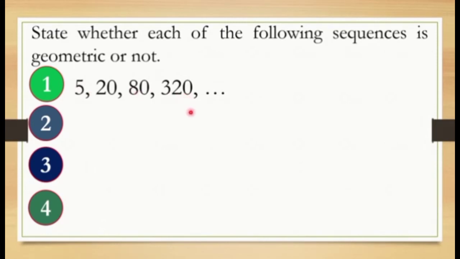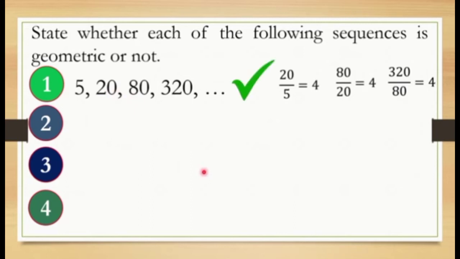Of course, to check that they really have a common ratio, we get their ratios. First, we divide 20 by 5, and the answer is 4. 80 divided by 20, the answer is also 4. 320 divided by 80, the answer is also 4. So, you can see that all the answers are the same. Therefore, they have a common ratio. So, this is a geometric sequence.